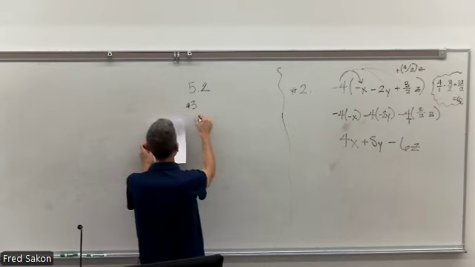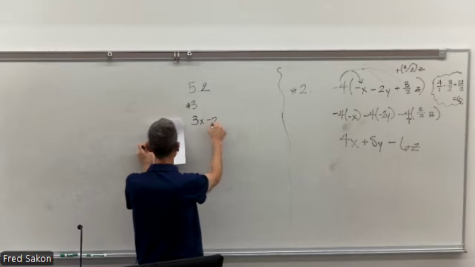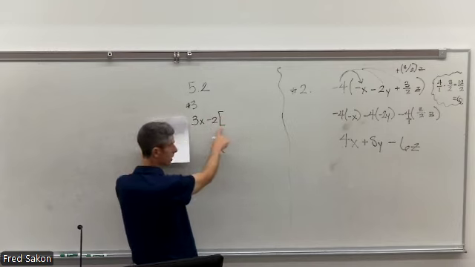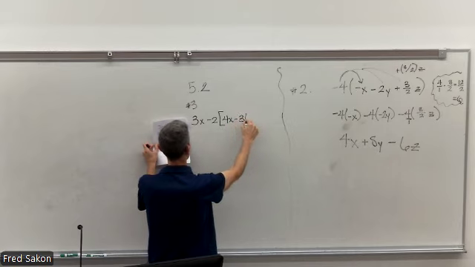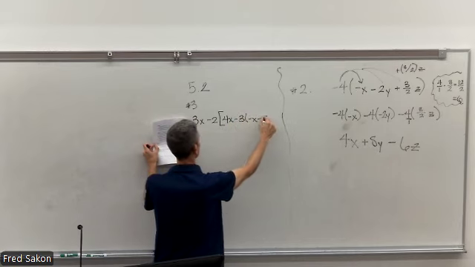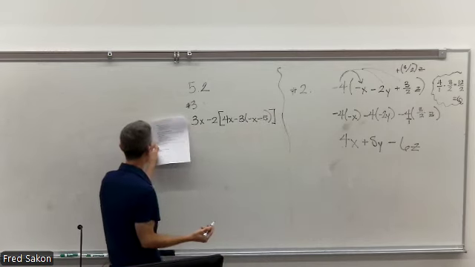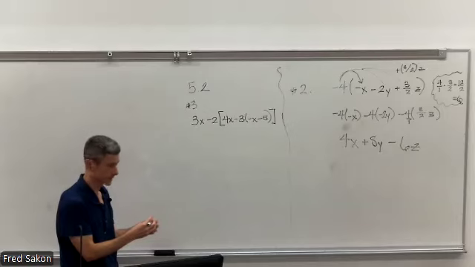We have 3x minus 2 bracket, which can be interpreted the same way as parentheses, 4x minus 3 times negative x minus 5. Okay. Lots of parentheses here.